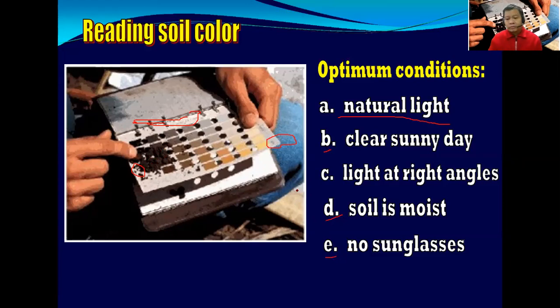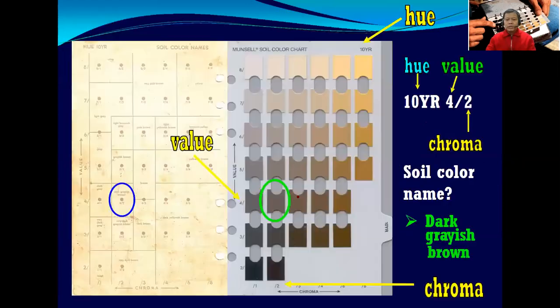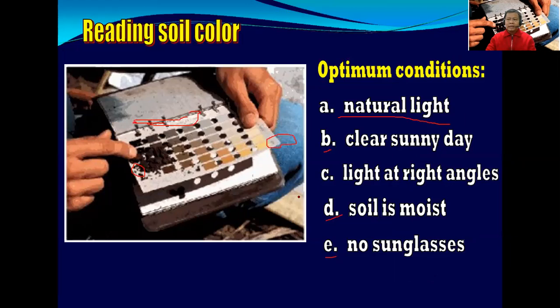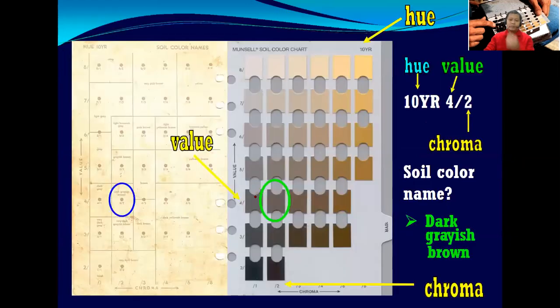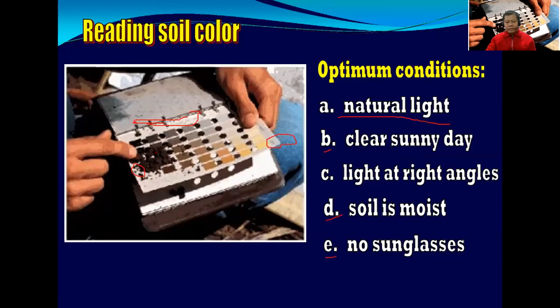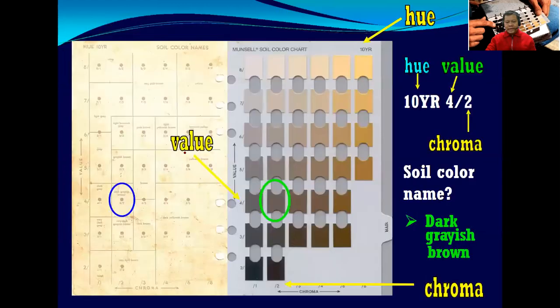So ganun. So now, the Munsell soil color chart nga pala, ito yung tools, ito yung charts na gagamitin para ma-measure natin yung mga attributes ng color sa ating mga lupa. Okay? So it's clear. Okay, yes. For example, itong lupa na tinatry natin, for example, it matches on this particular color.